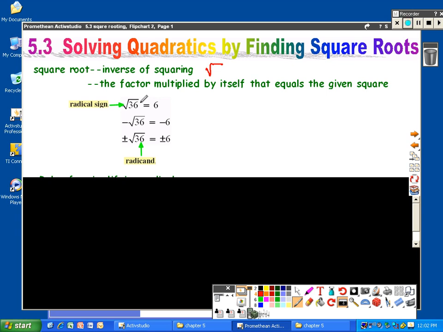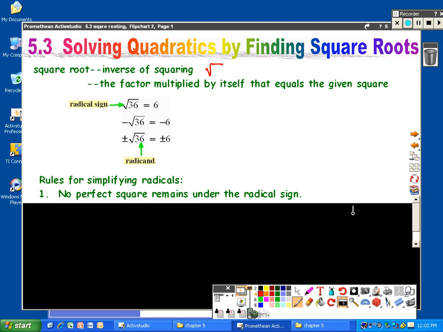When we deal with radicals, we have 3 no rules. The first one is there can be no perfect square under the radical sign. As in this previous case, 36 is a perfect square. It could not stay under the radical sign.